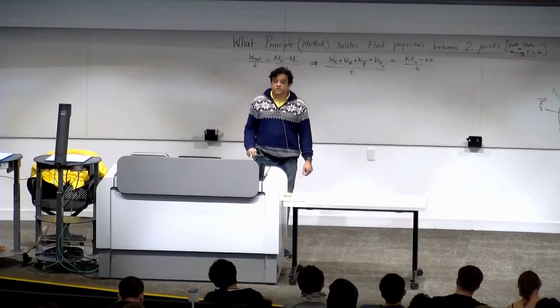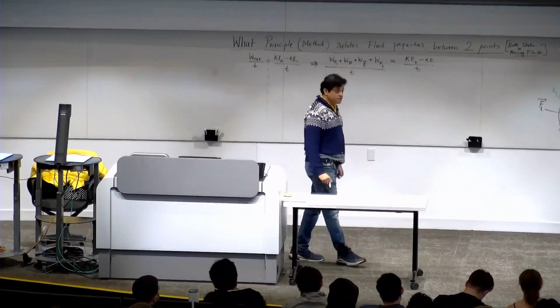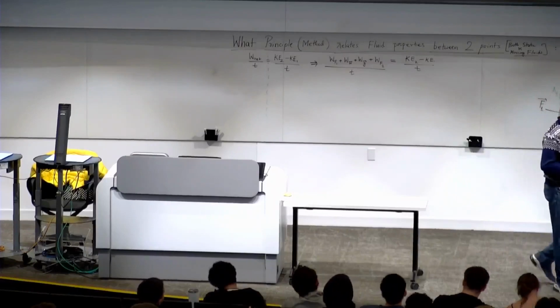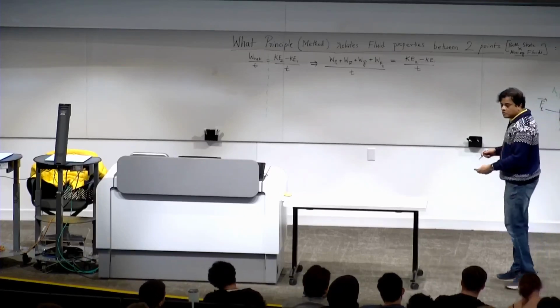Are any of these works 0? That is a very important thing to do very early on. If anything is 0, get rid of them. Are any of these terms 0? Answer quickly. Yes. Normal force is not 0, but the work done by the normal force is 0. Why is it 0?